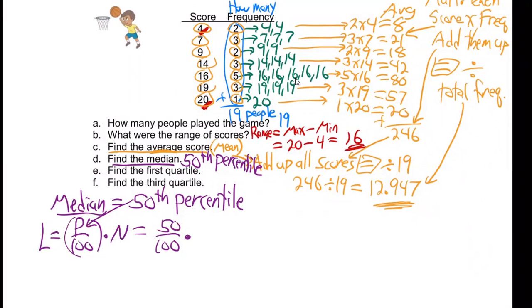All of the values. How many values are there? 19. Yeah, that's the 19 still. Is everybody good with that? N equals 19 right here. N is the total of the frequency. N is 19. So again, the total of the frequency column is the total number of people, total number of scores.